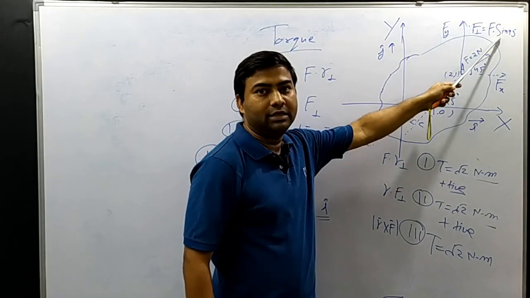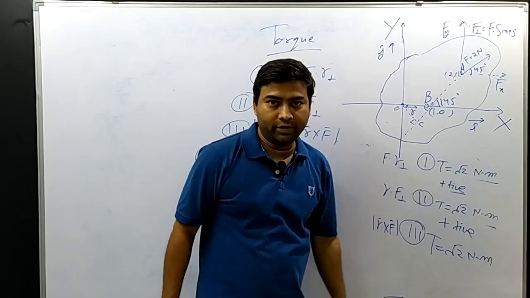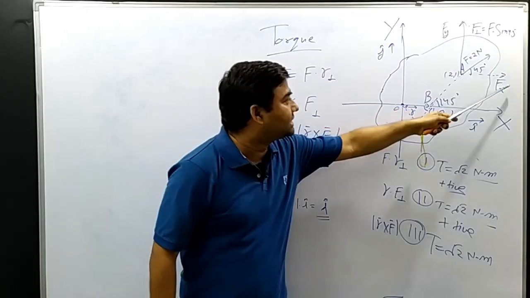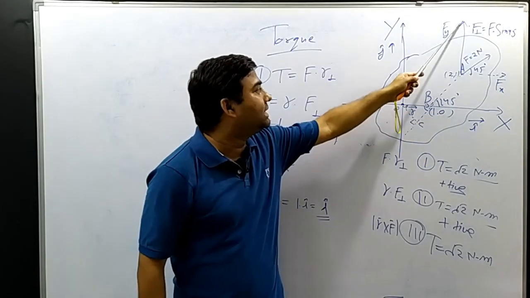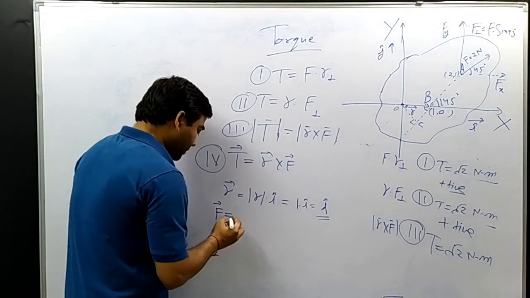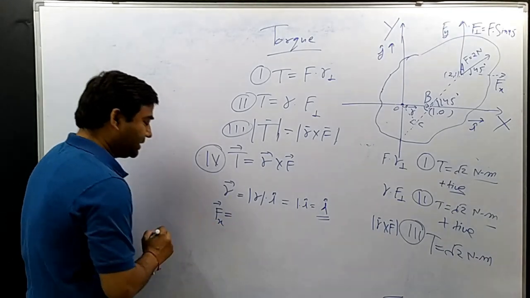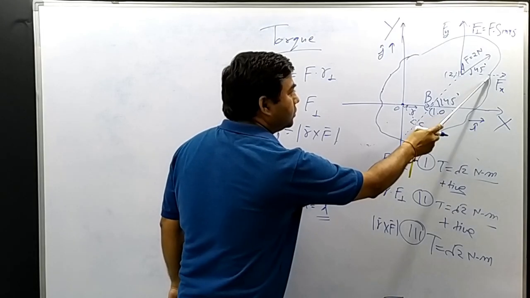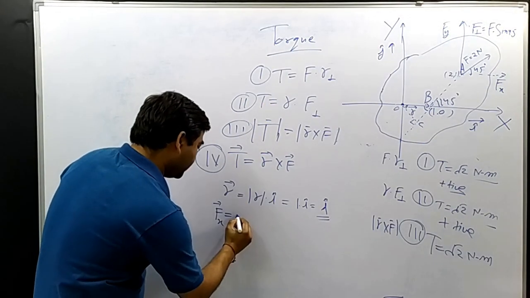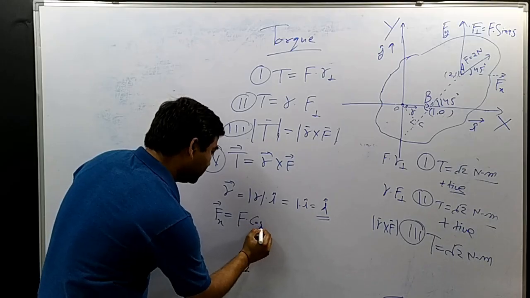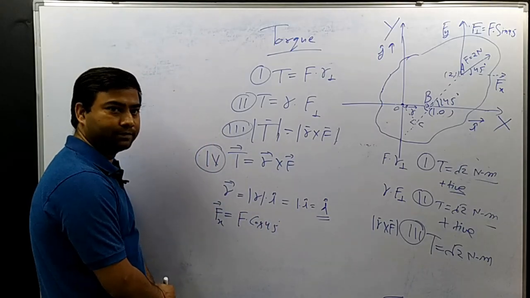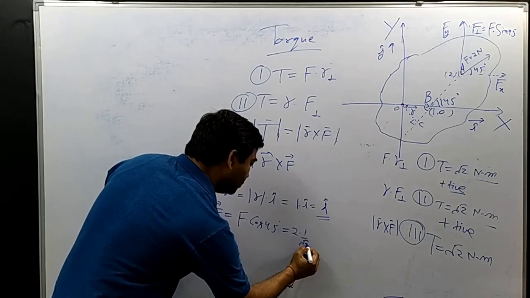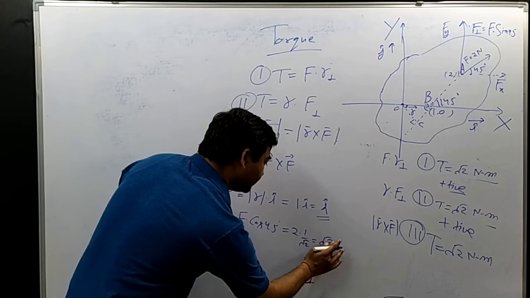That was also what we earlier called the perpendicular component of F. So vector F has two components, along the x-axis Fx and along the y-axis Fy. So Fx along the x-axis, you can say, is F into cos 45. F into cos 45, and this is 2 into 1 by under root 2, it is under root 2.